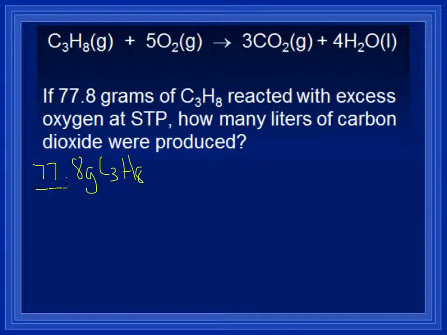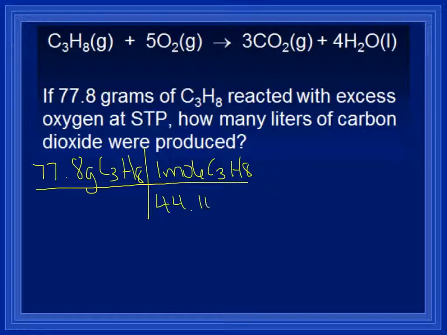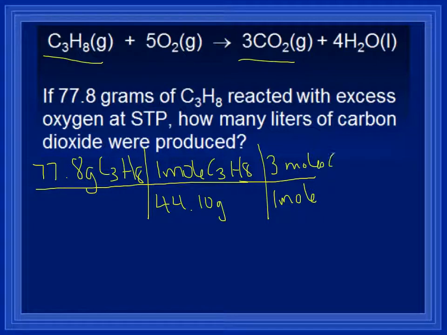The first thing, like we had in stoichiometry, is to convert that to moles. So we want 1 mole of C3H8 on the bottom. We add up on the periodic table the molar mass of C3H8, which is 44.10 grams. Then we do a mole-mole conversion from C3H8 to CO2, so from 1 mole to 3 moles of CO2.